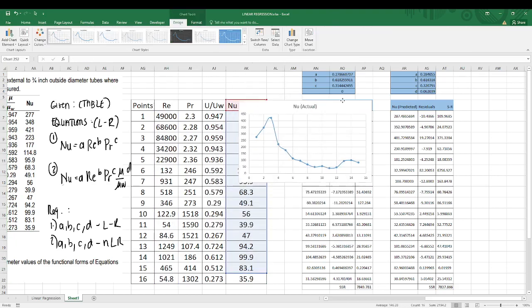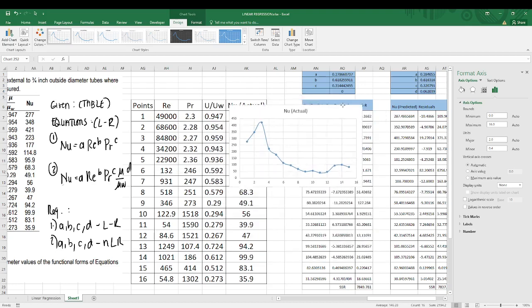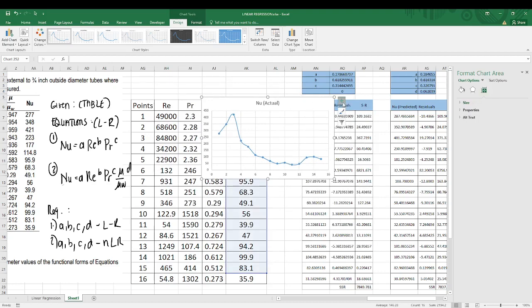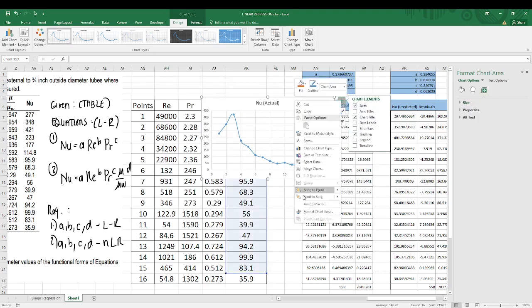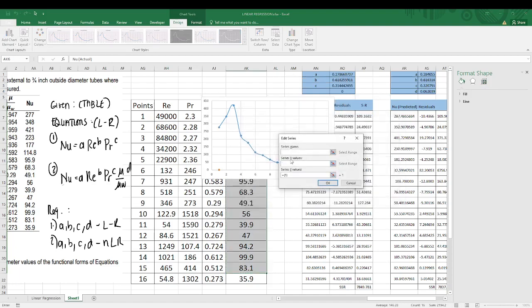Reynolds or Prandtl, so actual, then add. Let's add the data. So add data, this one. Add. Then the series name would be linear equation 1. The value of your y should be any.